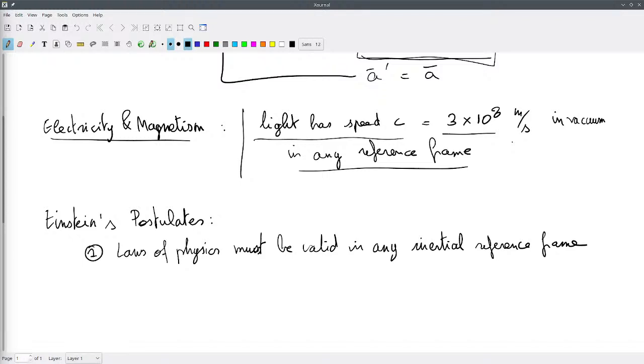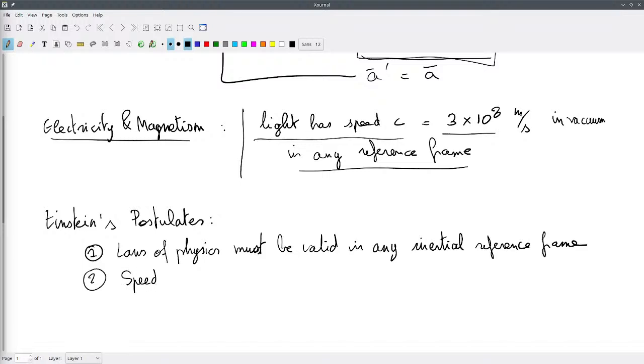And we must now make sure that our laws of physics satisfy this requirement. And so sometimes this will mean that we have to change some of our laws around to be valid in any inertial reference frame. The second postulate was essentially the one that I've written there for electricity and magnetism.